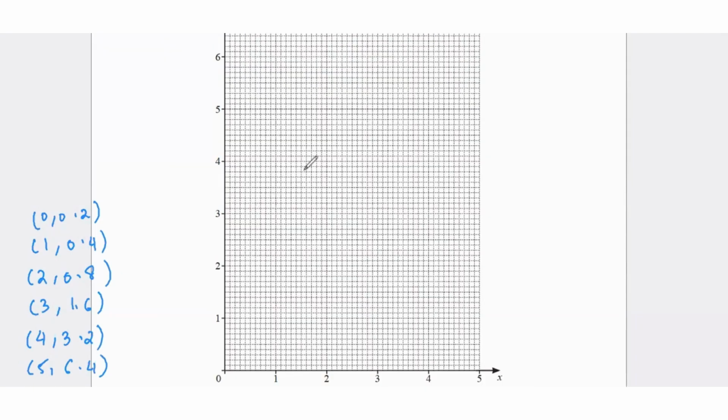So 0, 0.2 is going to come over here. 1, 0.4 over here. 2, 0.8. Then 3, 1.6. 4, 3.2.